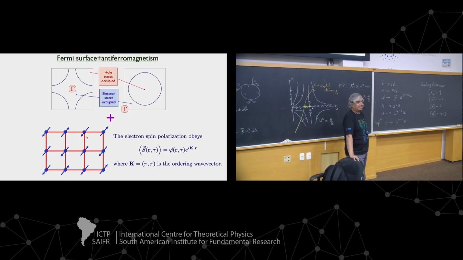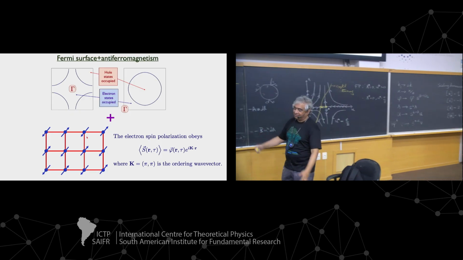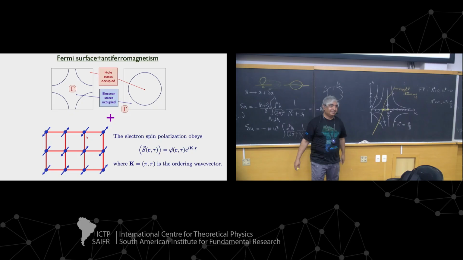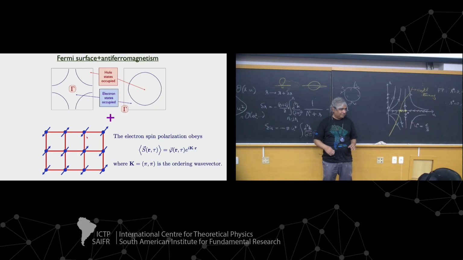If you want to understand some general properties of the critical phase transition, like universal critical exponents or the structure of the phase diagram, you're much better off keeping all the relevant operators right away. But if you want to do a microscopic calculation for a particular Hamiltonian, for the Hubbard model, and you want to know all the numbers, then you have no choice but to just do what's actually there.